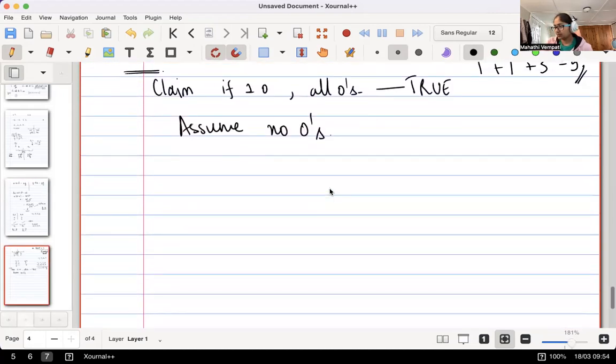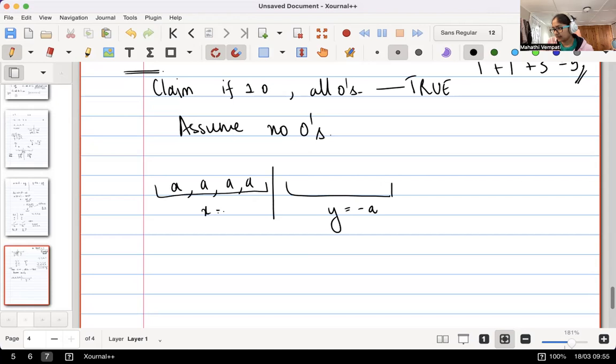So now suppose you make this and this, then I have a bunch of same elements here, and then I have y, the sum is minus a, and I have a bunch of elements b here, but I can also have a bunch of a's.